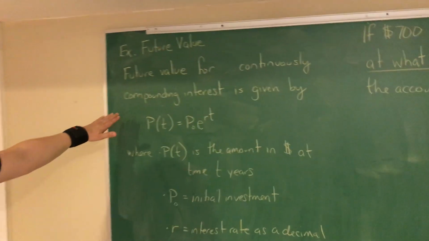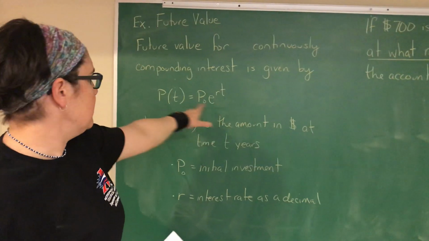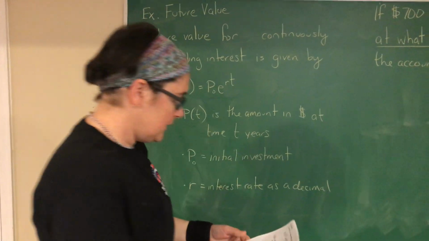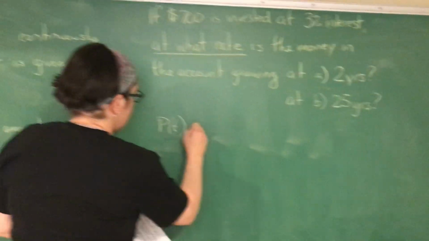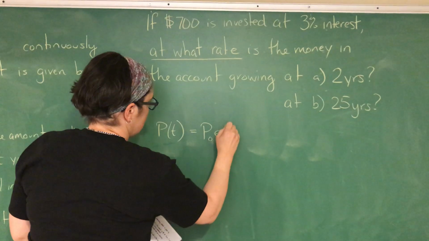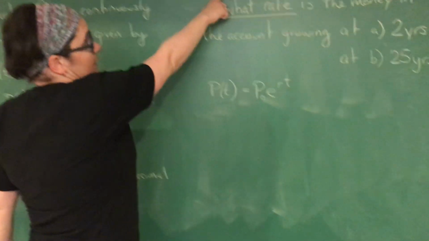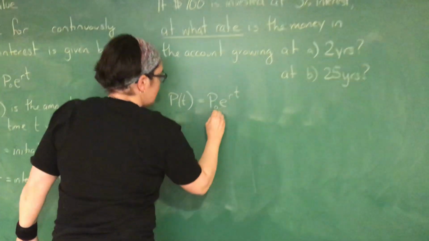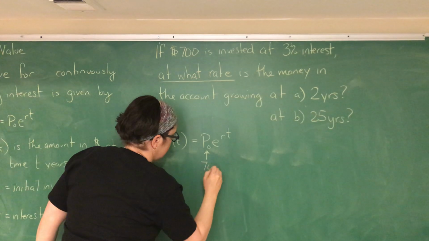Well, we have a continuously compounding interest PERT formula, and we have specific information that we can fill into our PERT formula. So let's start by doing that. So we have P of t equals P naught e to the RT. In our example, we're told that $700 is invested. So $700 is our initial investment, or our P naught.